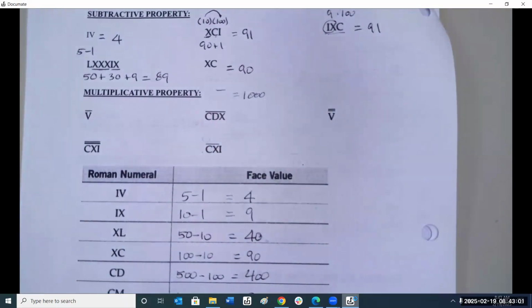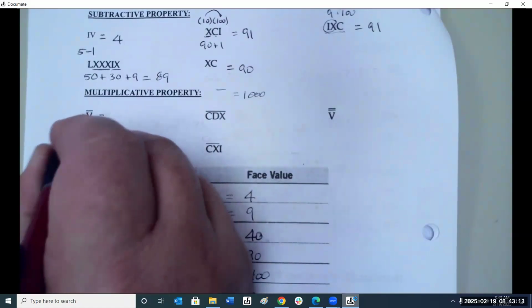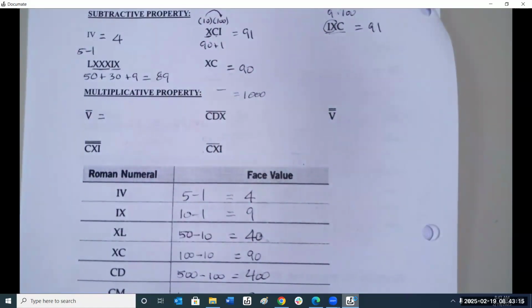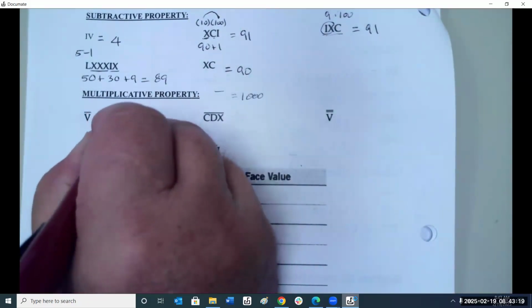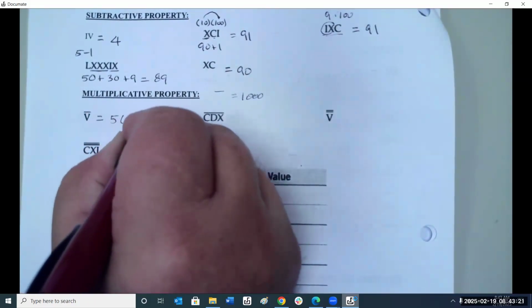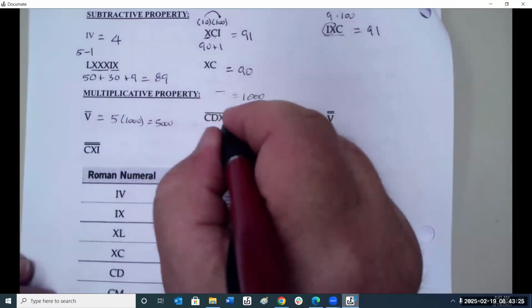Because remember, everything in the Roman numeral system is based on tens. So since we want something huge, we multiply by 1,000. So this first one would be what? 5,000. Yeah, so it's 5 times 1,000, which is 5,000. How about this one?